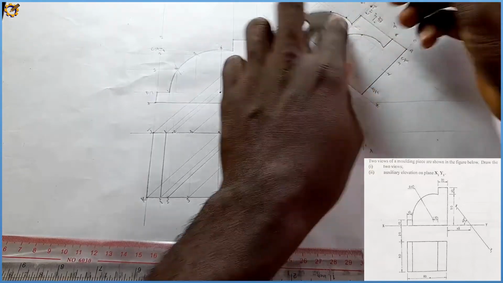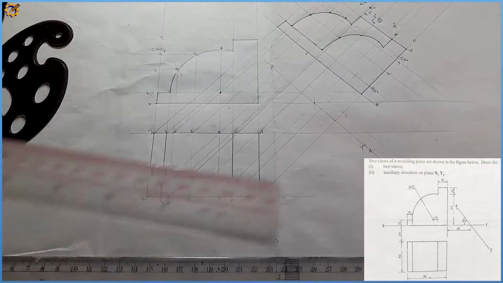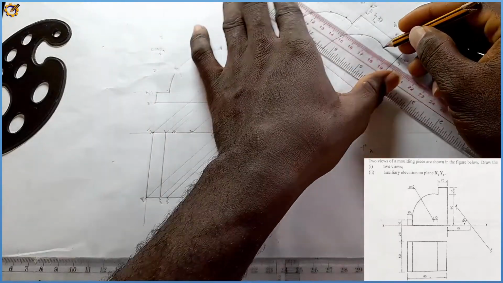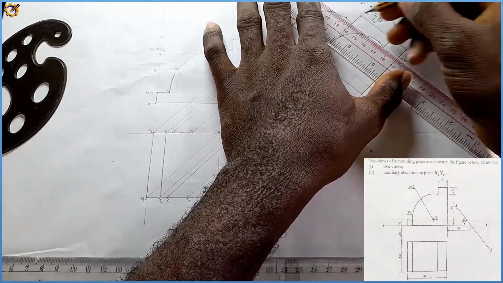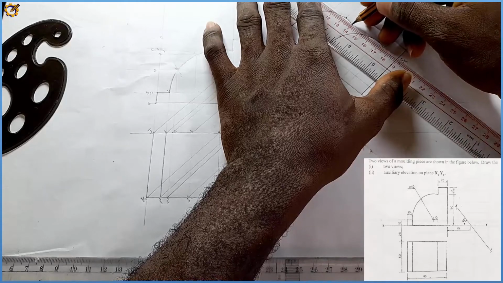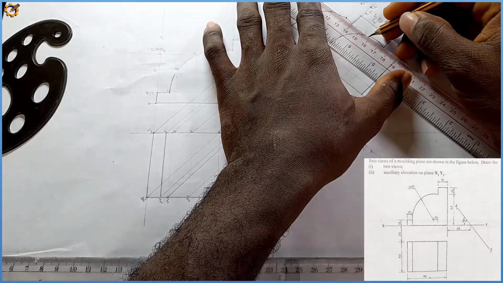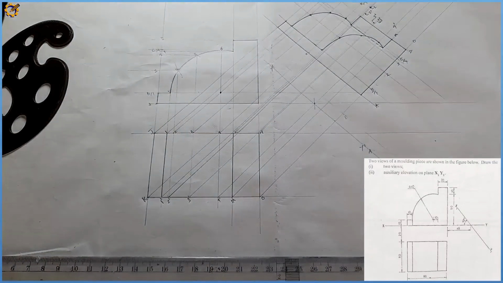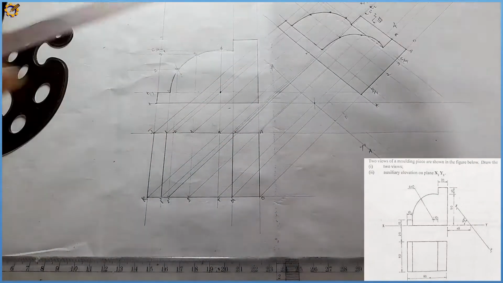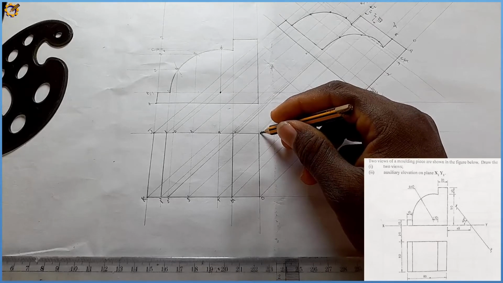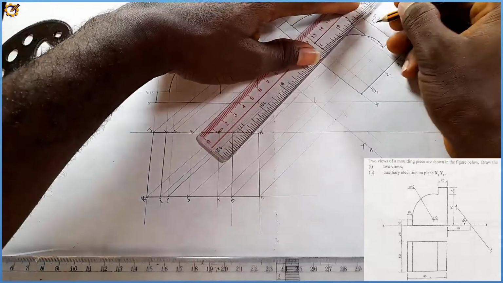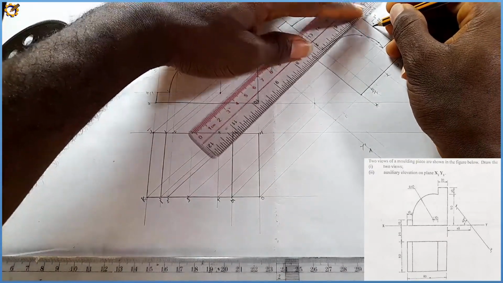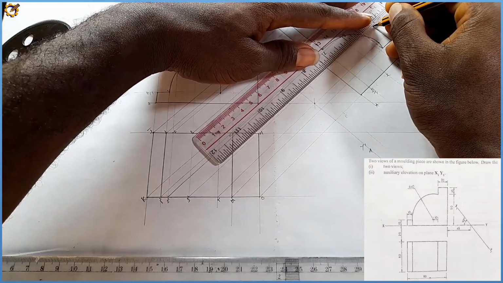So now, this area right here, this junction to that junction, is going to be visible to this level and hidden right here. That's settled. This point N, we know there is a point N here, but it is not going to be visible from top to bottom.